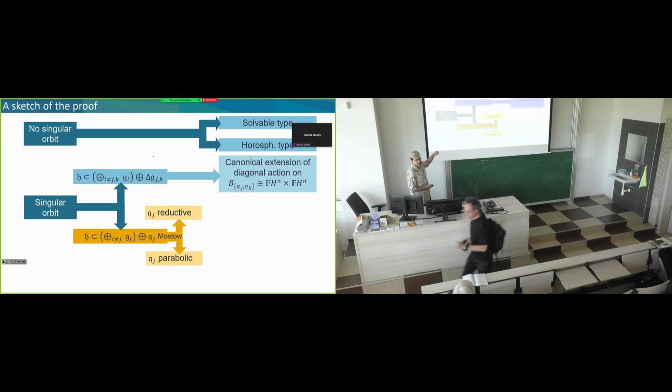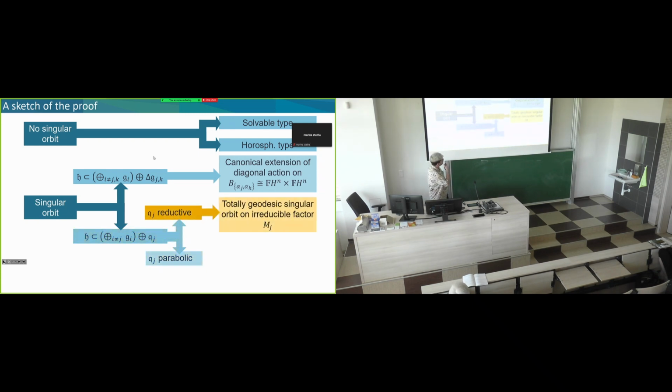Either this maximal proper subalgebra in the simple ideal is reductive, in which case one can proceed quite analogously to the first case. So proper reductive subgroups acting on irreducible symmetric spaces have to have a totally geodesic singular orbit, and these have been classified by Berndt and Tamaru, and the orbit of our H is just the canonical extension of this thing.